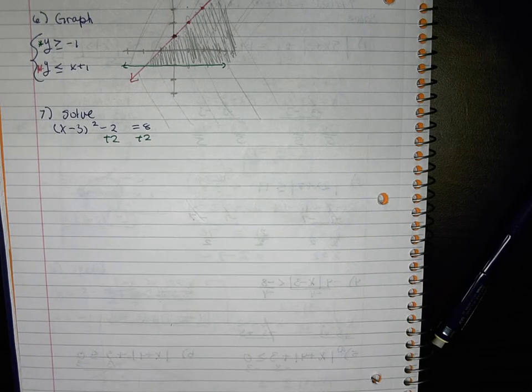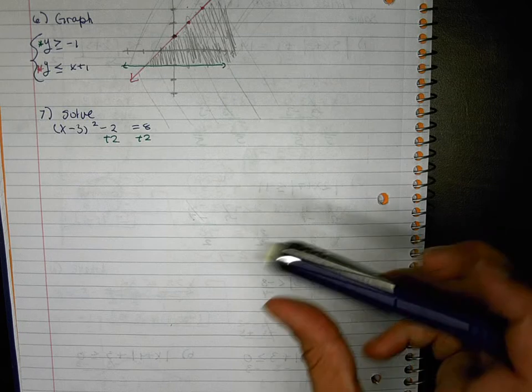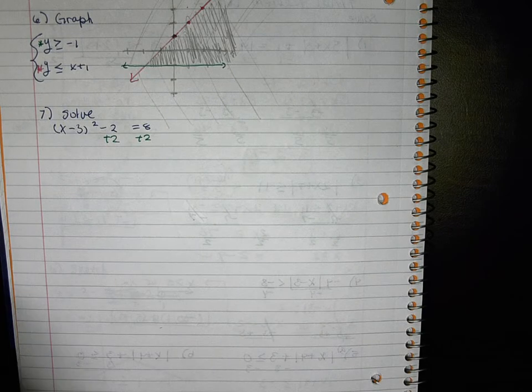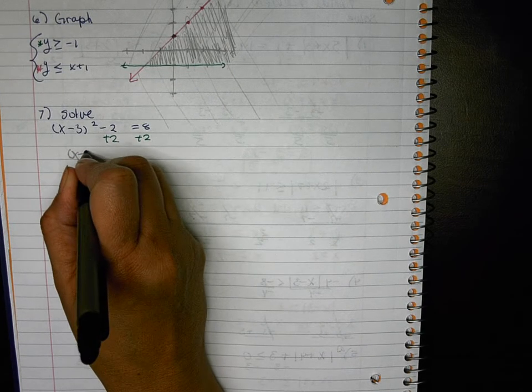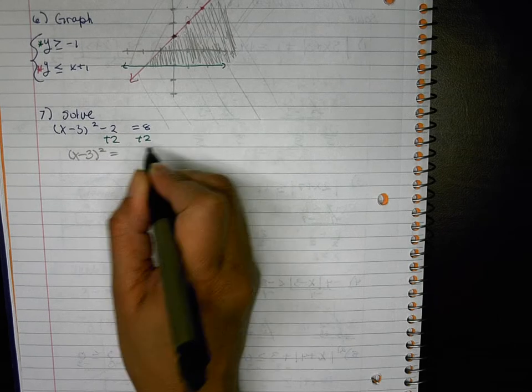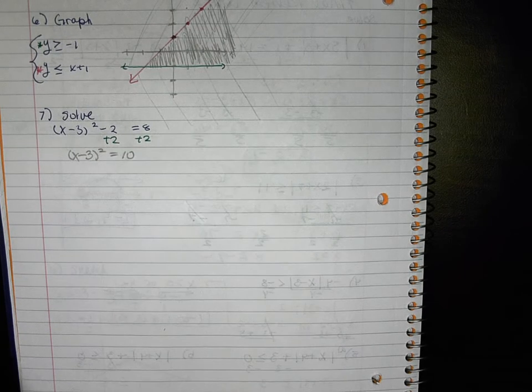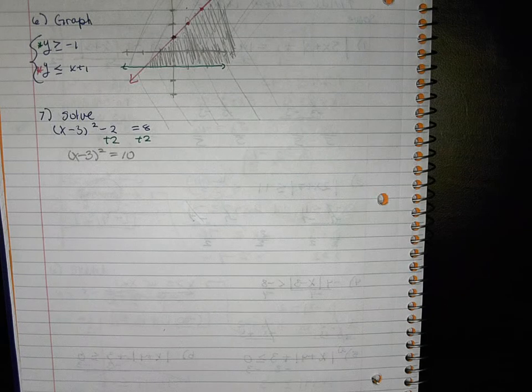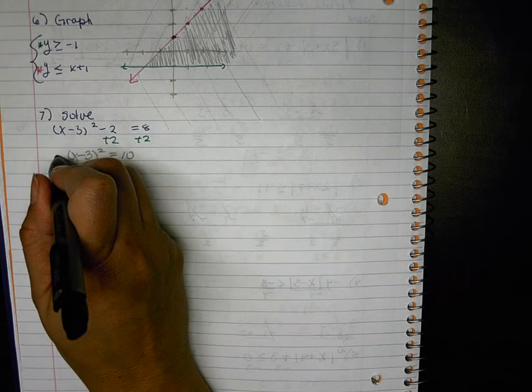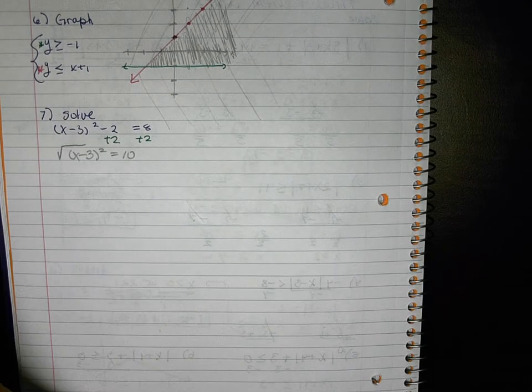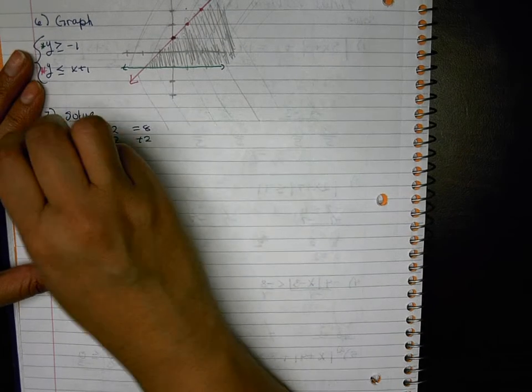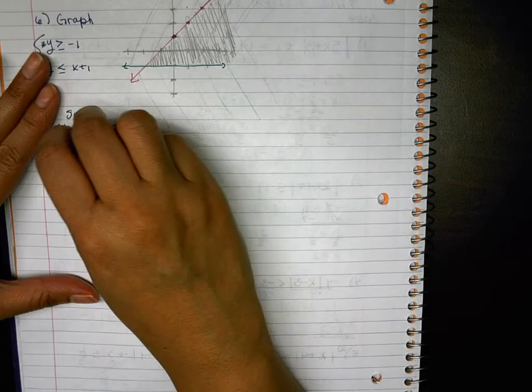The quantity of x minus 3 squared equals what? 10. And then what would I do to both sides? Square root. And why? Because the square root is the inverse operation of a squared.